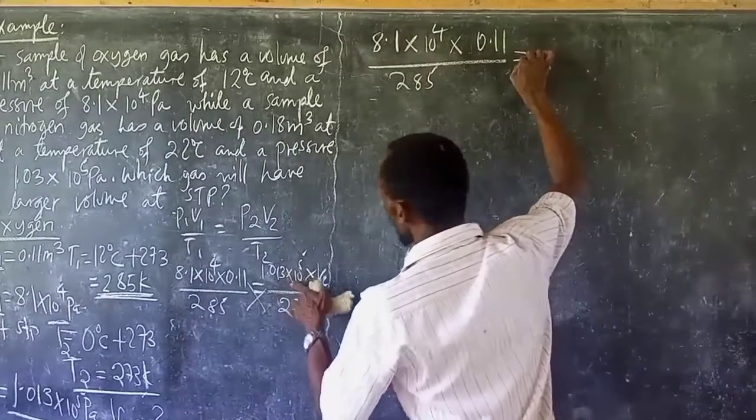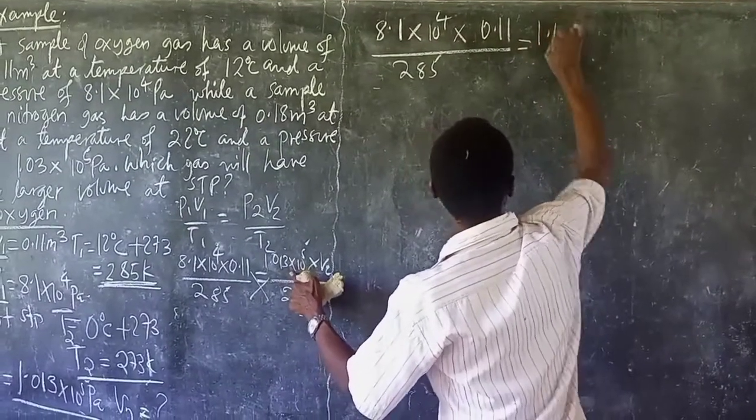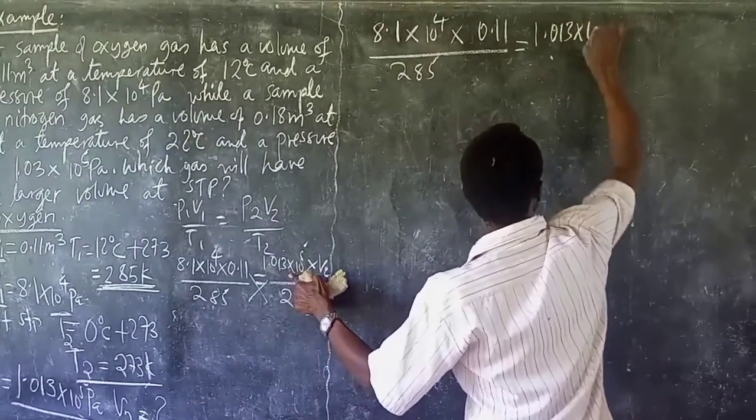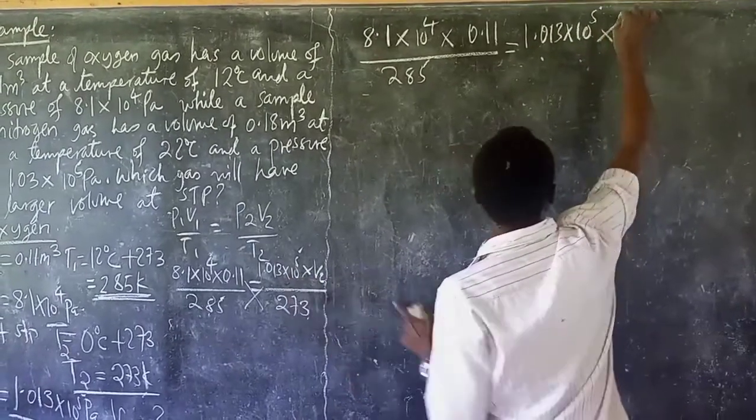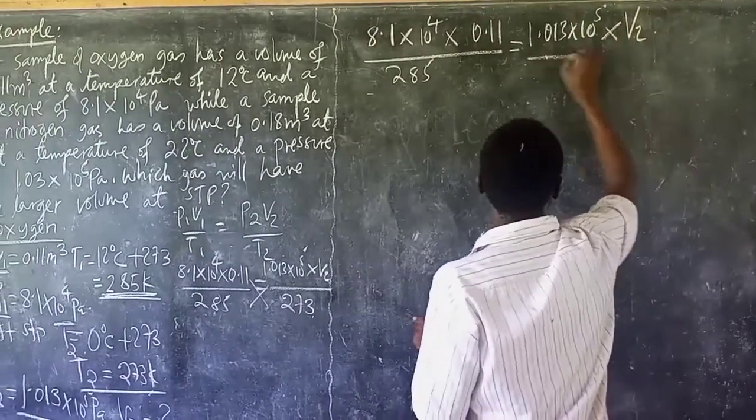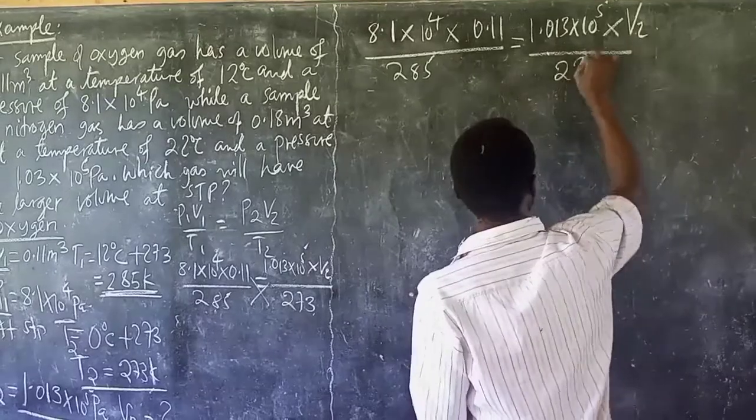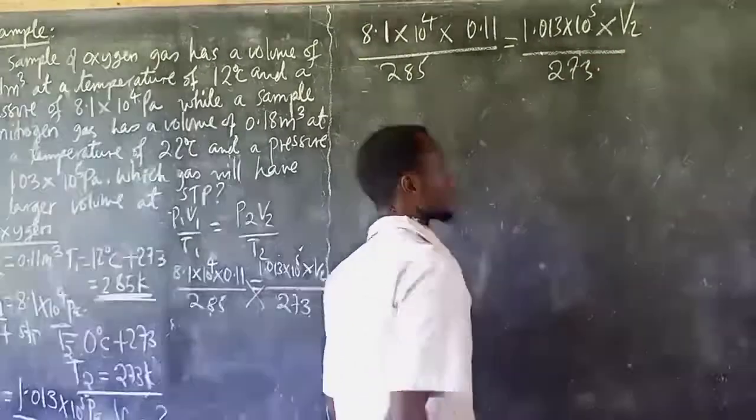This is equal to pressure 2, 1.013 times 10 raised to power 5, times the second volume that is missing, over the second temperature 273, that is at STP.